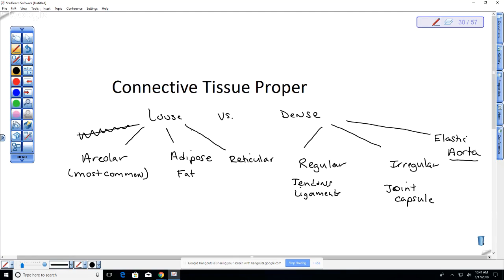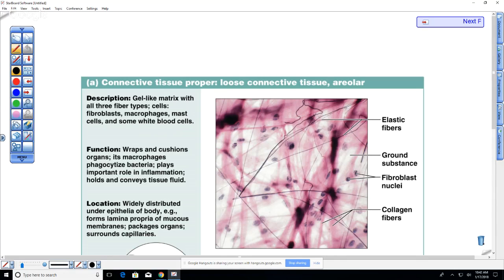It needs to be able to expand when the heart pumps and the blood moves out through the aorta, and then it needs to be able to contract to force the blood to move on to the other smaller blood vessels. And so elastic would be in the aorta.